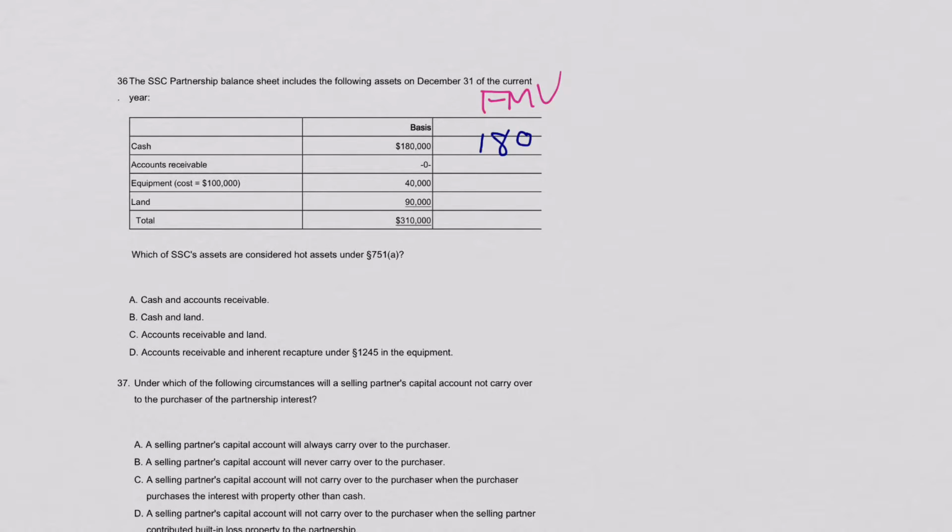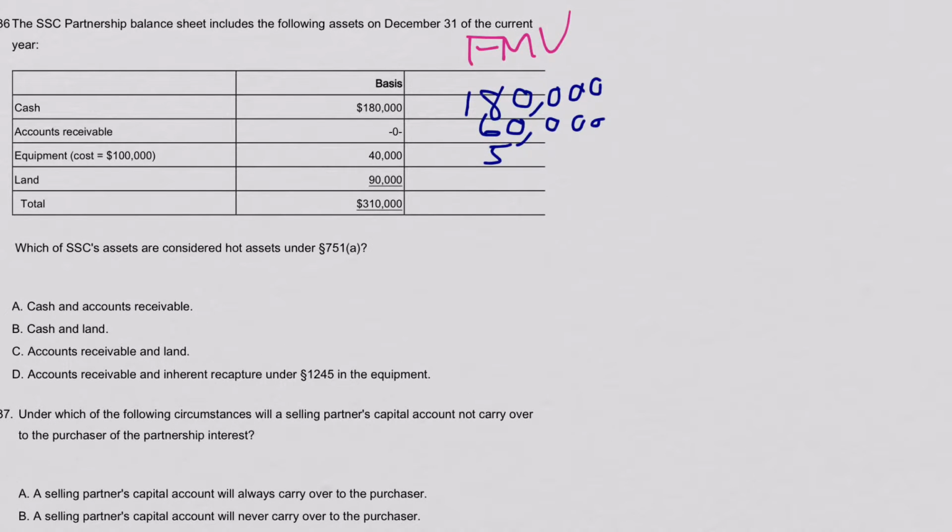Receivables in this case is similarly 60. Oh, I see this is similar to the case before, so we're going to have some new calculations. So that's a hot asset. Now we've got equipment. We add equipment to this scene here, and that fair market value turns out to be 50. And the land is still 120.